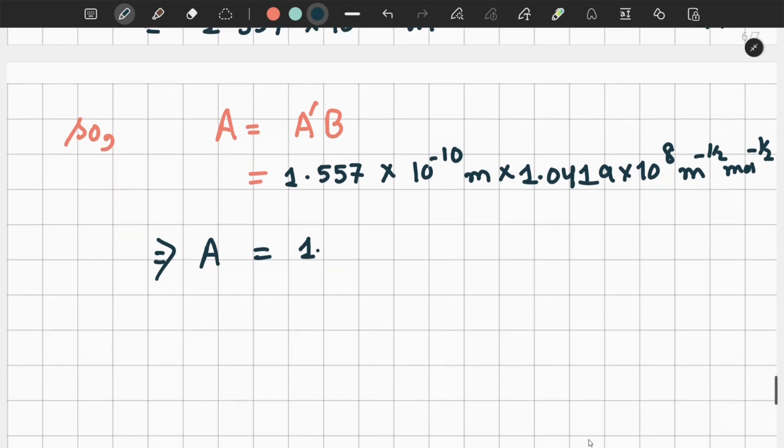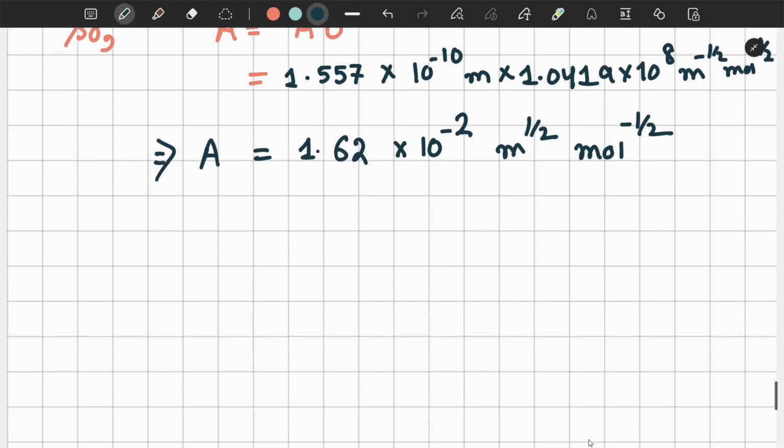Correct, 1.62, right? Yes, into 10 to the power minus 2 meter to the power half, mole to the power minus half. So is it matching? Sorry, no. It is 0.509. So where is the mistake?